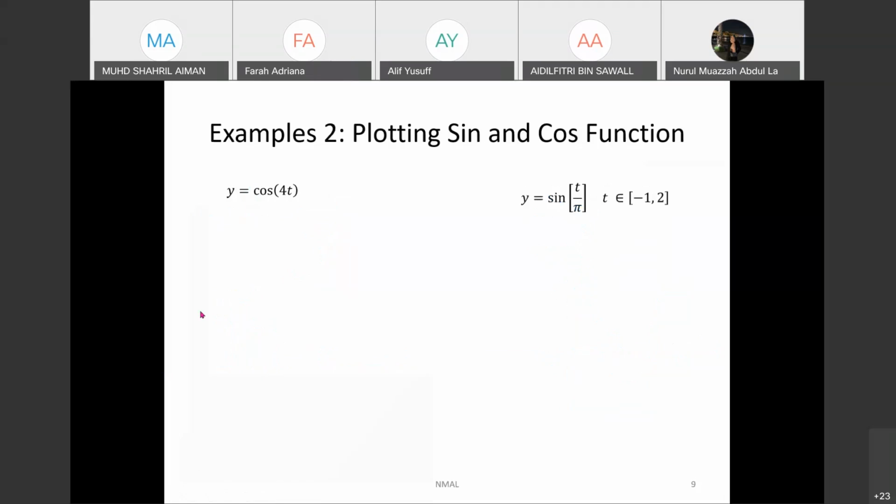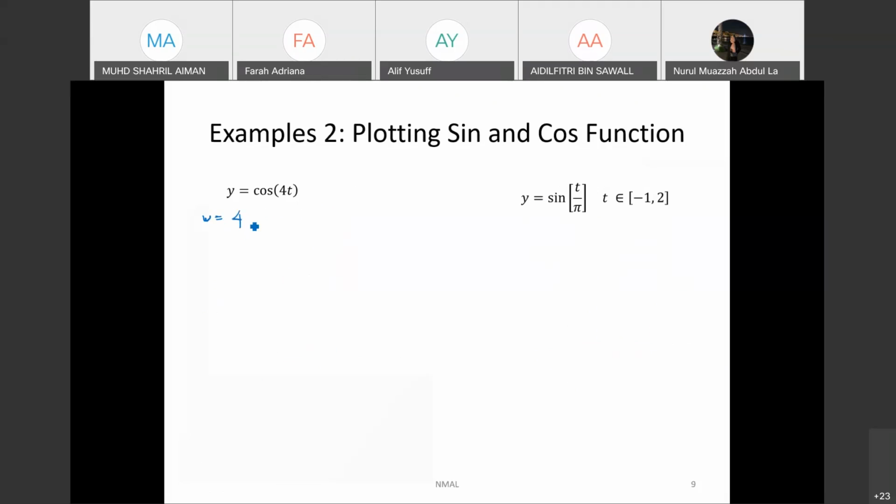Second question, plotting sine and cosine functions. This one is cos 4t. For y equal to cos 4t, the question didn't put t as a subset of 0 to pi, which means this is a continuous signal. Again, the amplitude here is 1. The omega here is 4.